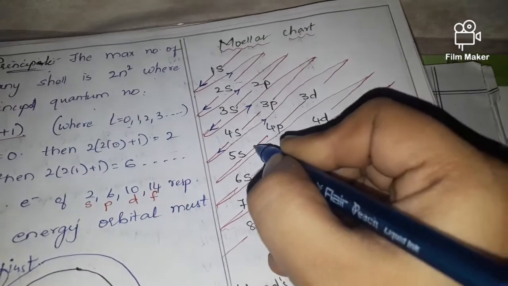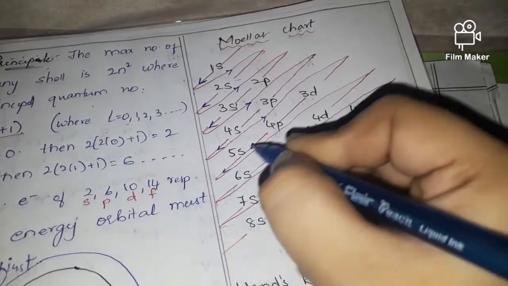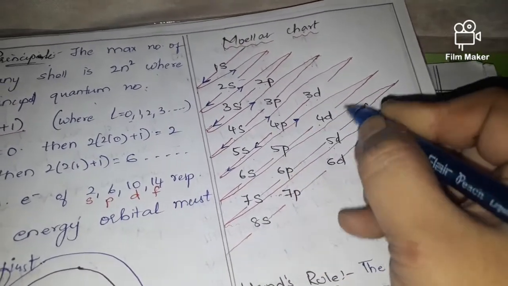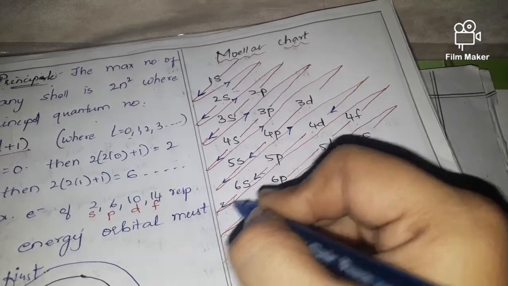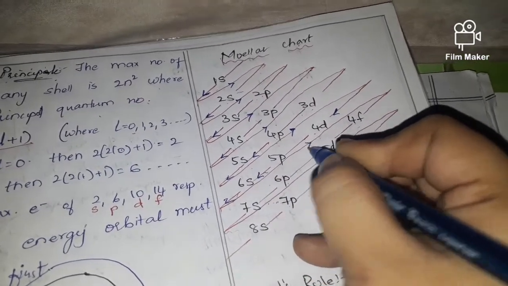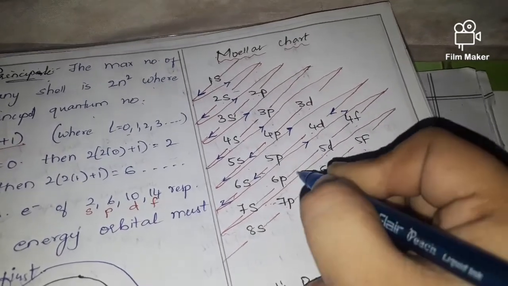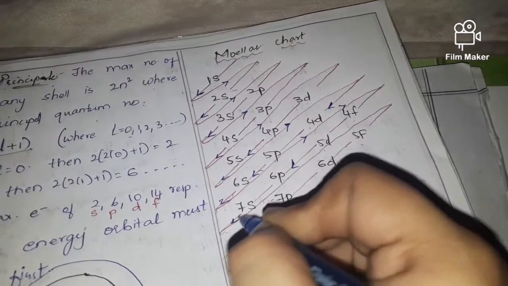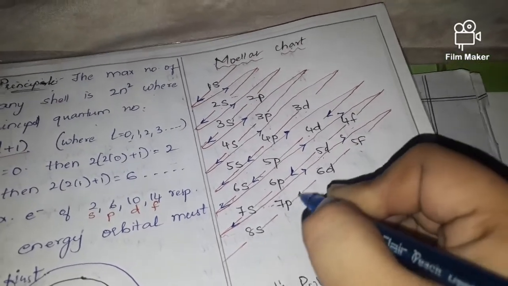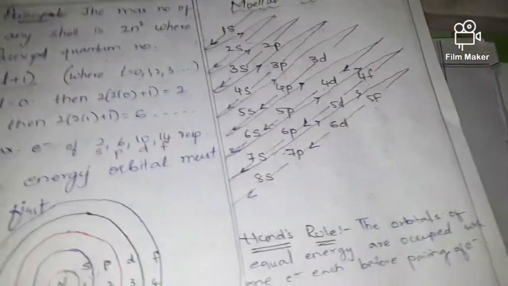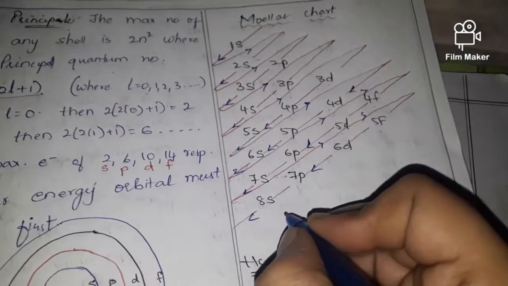Then go and fill the 3d orbitals first. Then fill 4p, then 5s. After filling 5s, go with 4d, 5p, 6s. After filling 6s, fill 4f, 5d, 6p, 7s. After filling 7s, we can go with 5f, 6d, 7p, 8s. So this will be your last orbital.